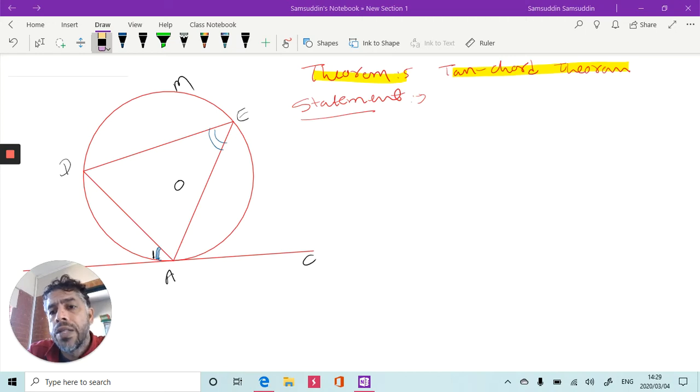Problem 5 of grade 11 geometry, referred to as the tan-chord theorem.